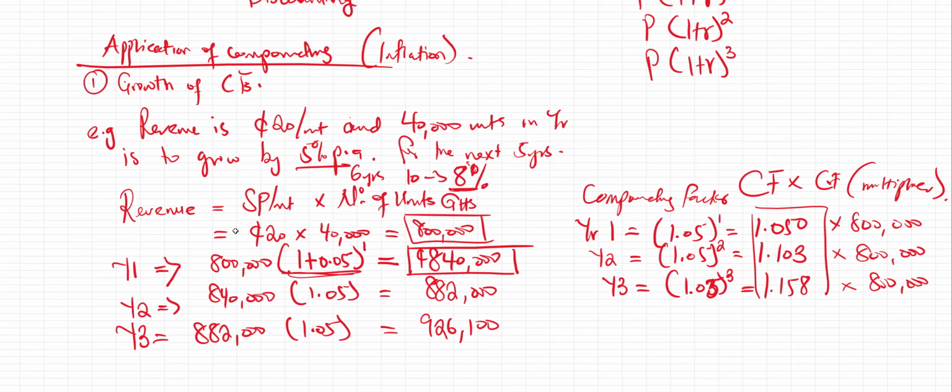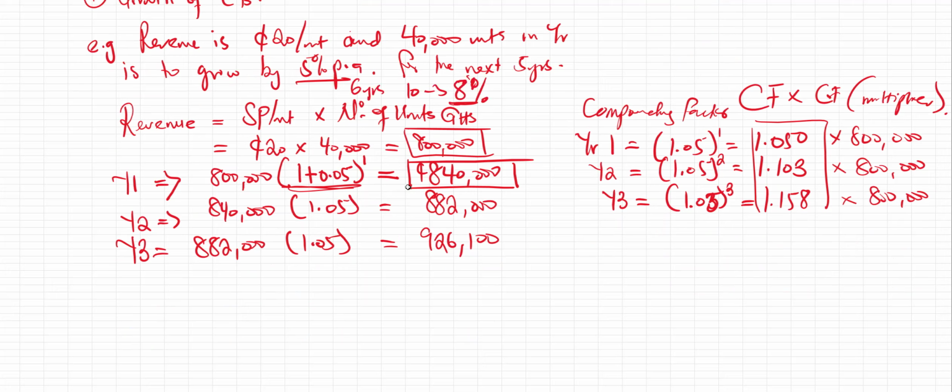Now, when do we apply compounding again? In our bank account, right? So let's say that ABC company has to invest 240,000 now.